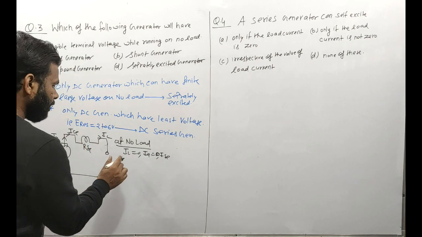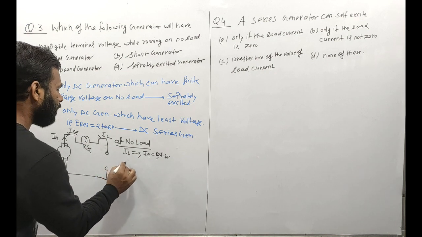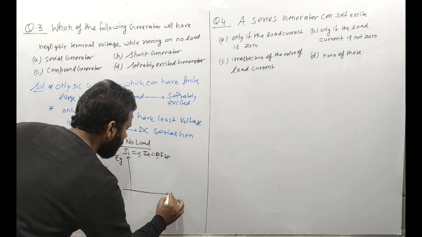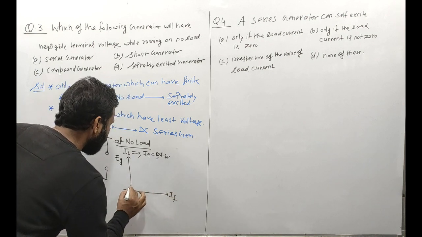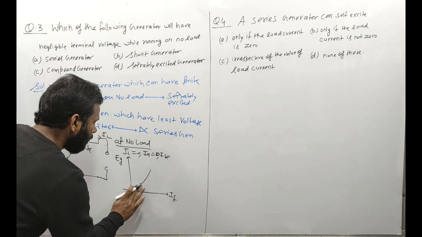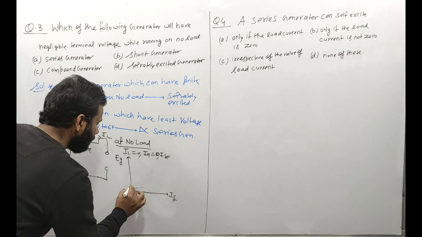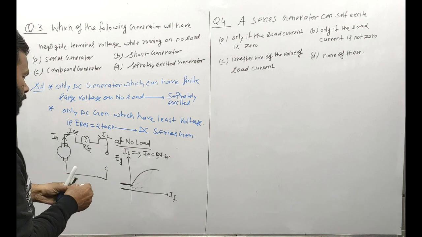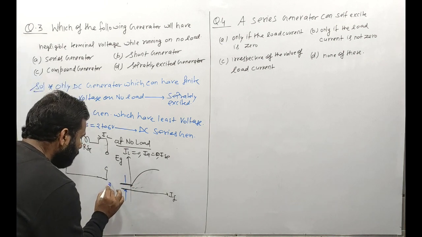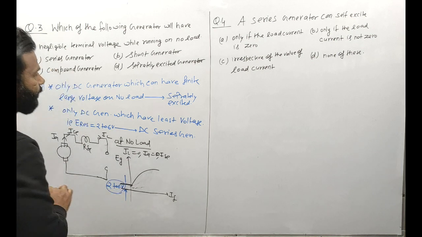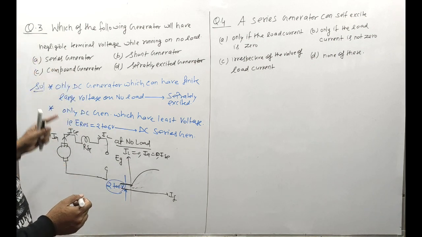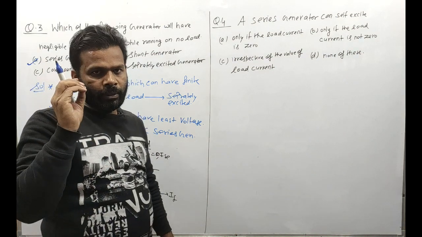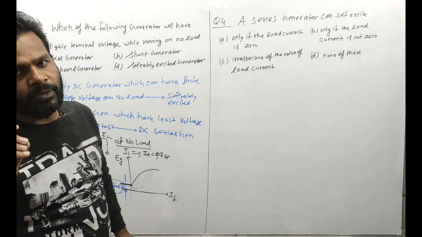So when there is no load, then if you draw the open circuit characteristic curve, that is EG versus IF, then this is the amount of voltage that is present. This amount of voltage is existing at no load. So this is called residual voltage, and this is of 2 to 6 volt range. Okay. So the only generator is this one. So this is its drawback too. This DC series generator has a drawback that the lowest no-load voltage is obtained only from the DC series generator.